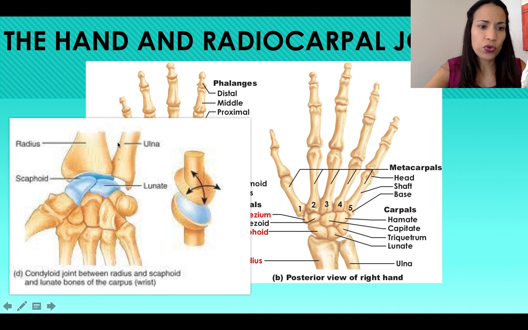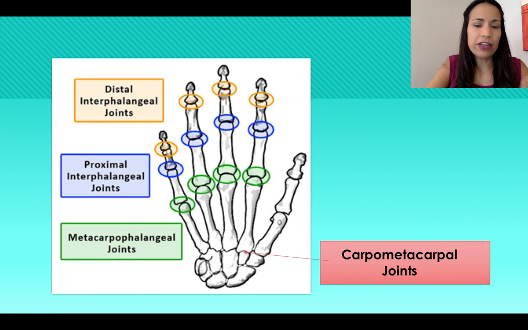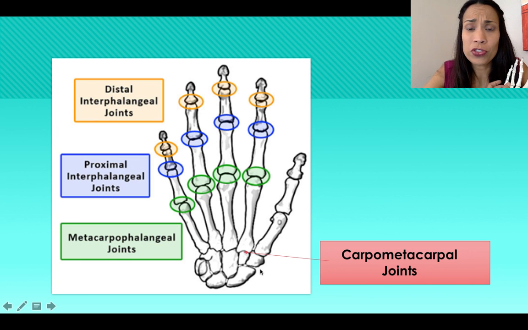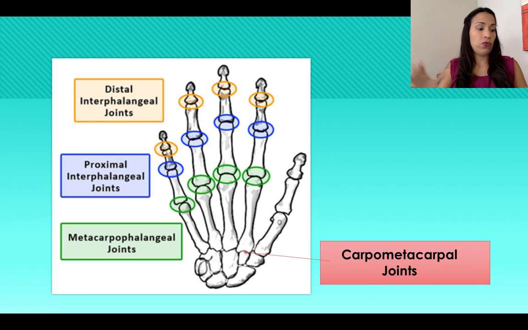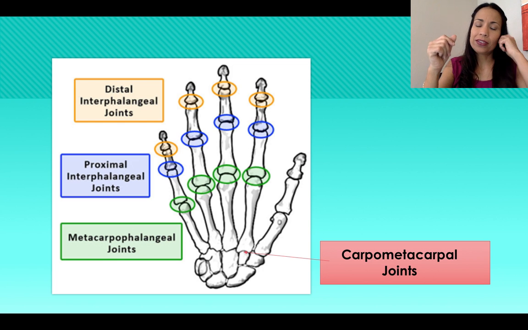Well, that's just to show you the radiocarpal articulation between the radius and the scaphoid and the lunate. And here are the movements of flexion, extension, hyperextension, ulnar deviation or adduction, and radial deviation or abduction. And in here, another way to see all the joints in your hand. If you are good at identifying the bones of your hand, the articulations are very easy.